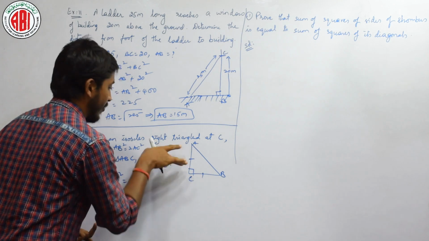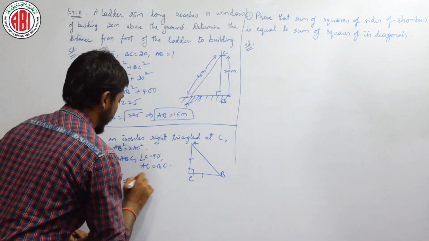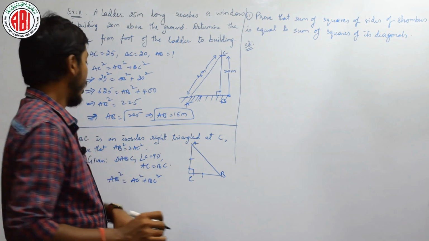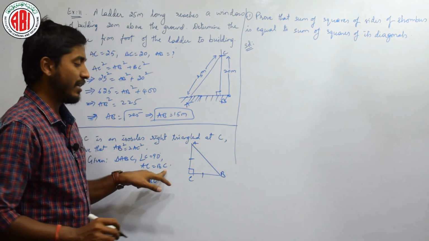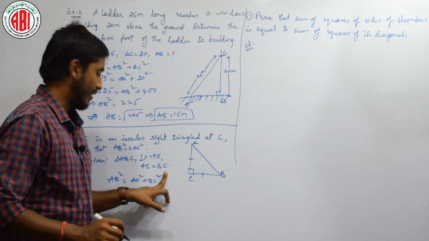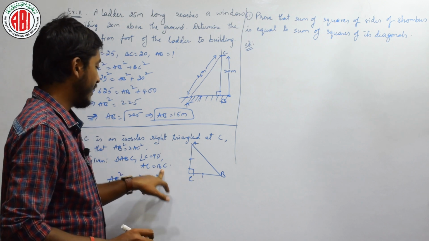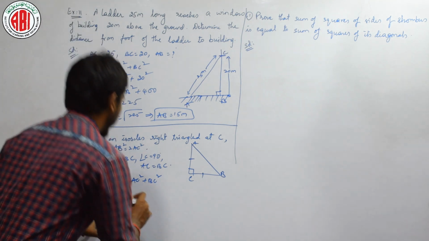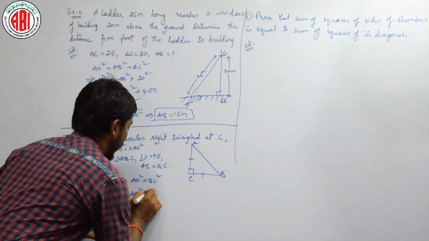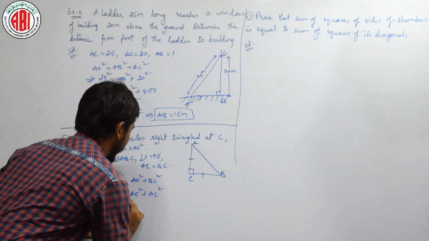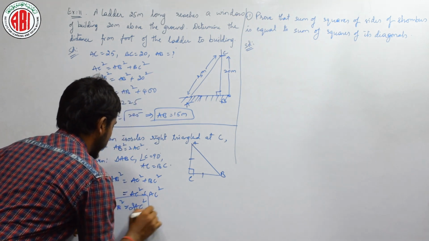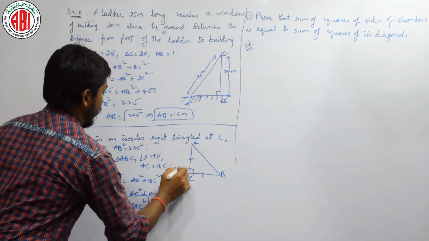AB square is equal to AC square plus BC square, isn't it? Yes or no? If you observe here, AC and BC both are same. AC is nothing but BC. So, I can write AC instead of BC. Yes, we can write AC square plus AC square, which is nothing but 2 AC square. That is it. This is again one of the most important 2 marks questions.